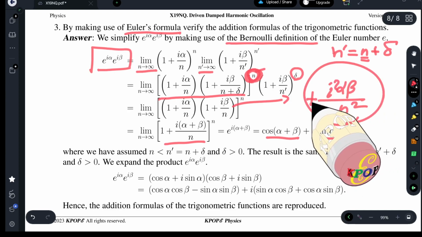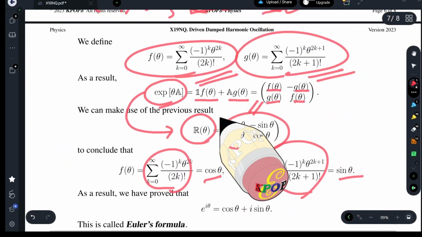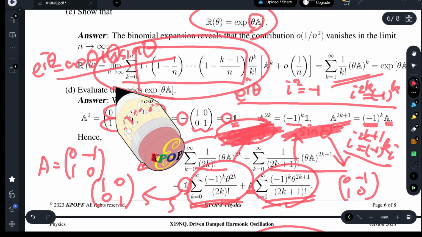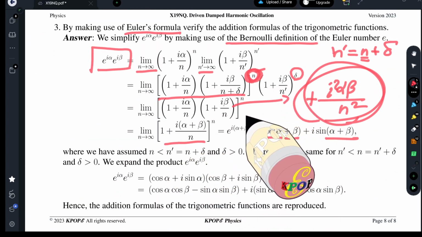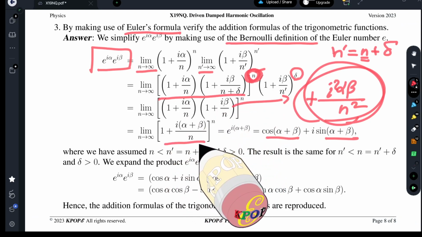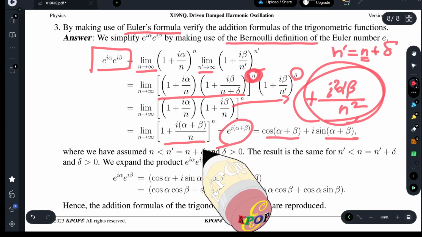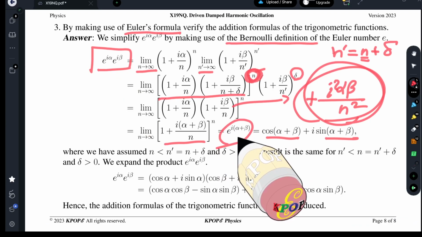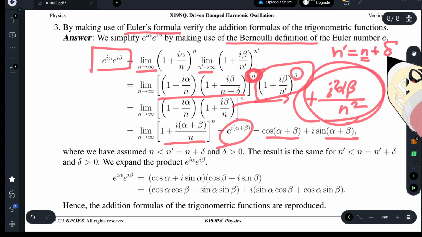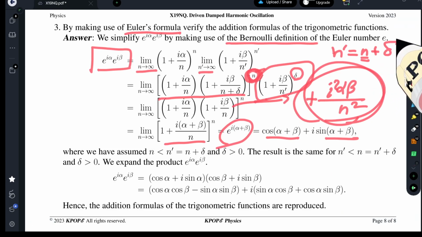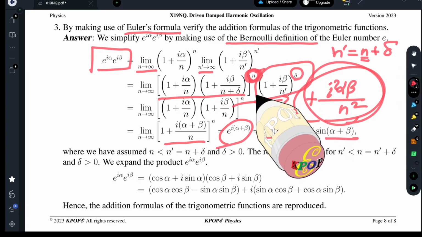However, this term, plus the 1 over n squared term, vanishes as n goes to infinity, as already shown here. Therefore, this becomes nothing but this. So I can reproduce the law of exponents. By the way, we have neglected this term because we have treated this one as a finite value, and then as n prime goes to infinity, it disappears.